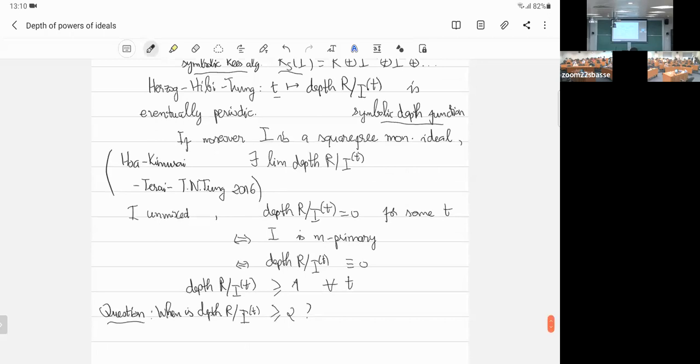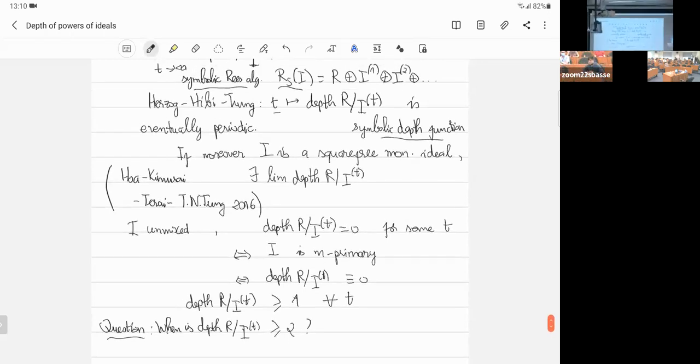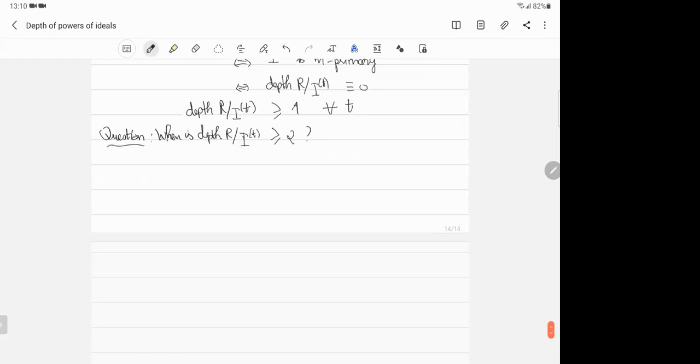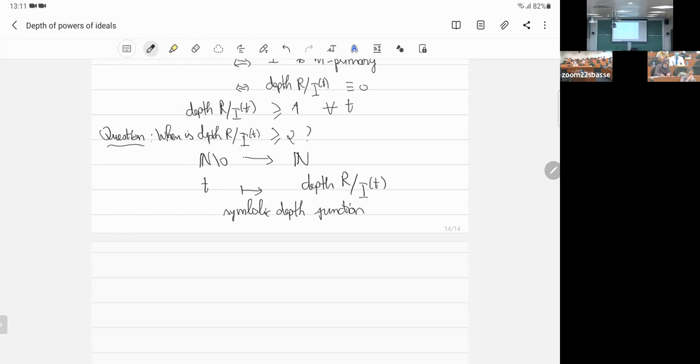We are looking at this function here, mapping a positive number t to the depth of R over the t-th symbolic power of I. This is called the symbolic depth function of I. It is a numerical function.